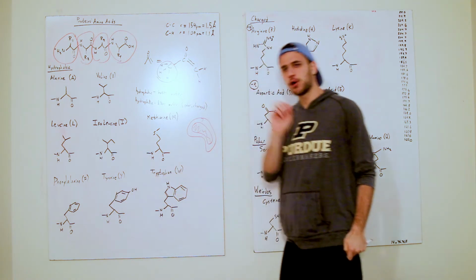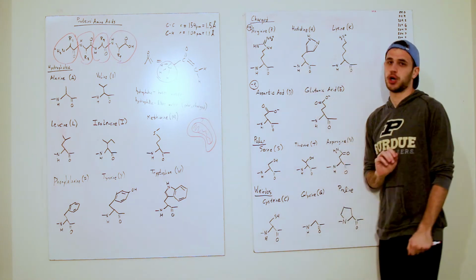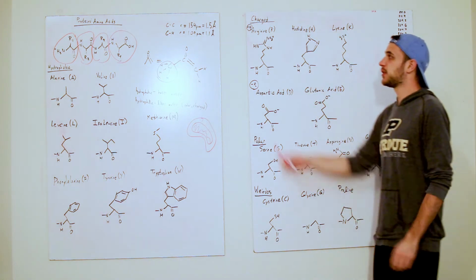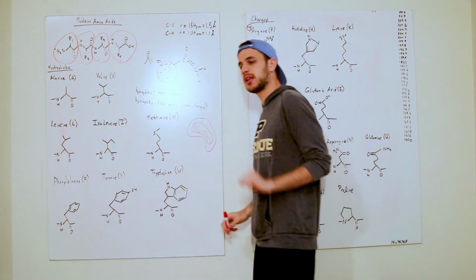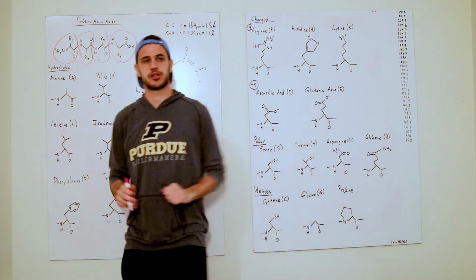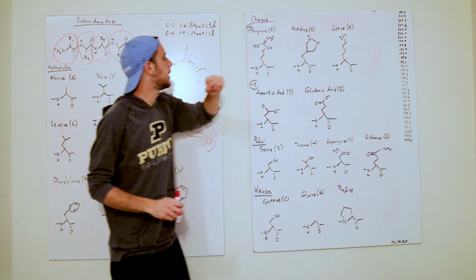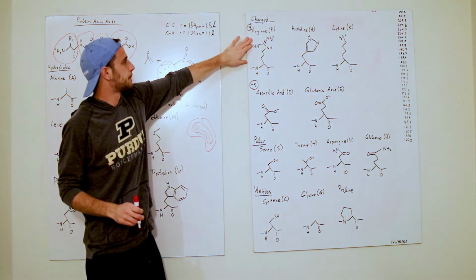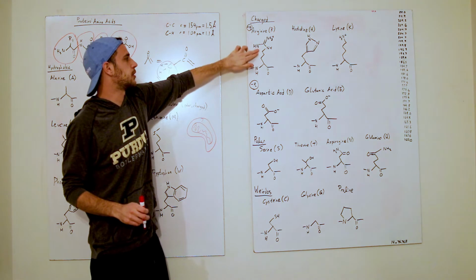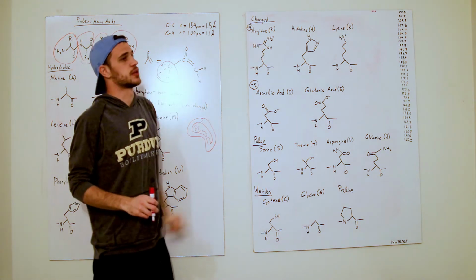Now we're going to get to the most interesting guys, the charged residues, specifically the positive charge. Plus Q means positive charge, just some physics notation. So arginine, histidine, lysine. Arginine has a very long chain with 3 nitrogens on the end.